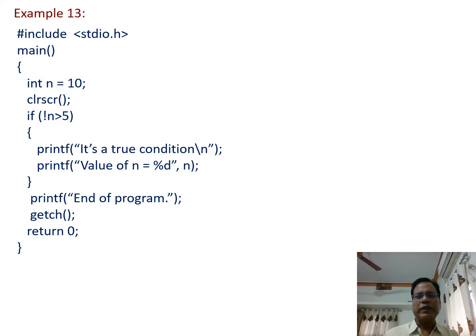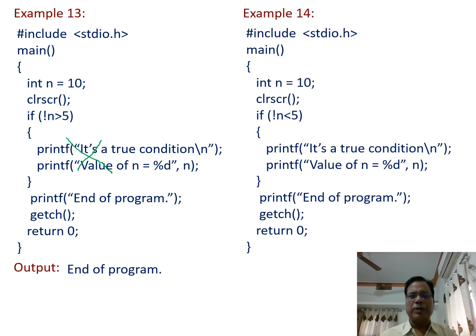So n greater than 5, that is 10 greater than 5, is true, but its negation, not true, becomes false. So in this case this condition becomes false. So these two statements are not executed, and outside of this block there is a printf statement that prints the end of the program on the output. So we get the output end of the program only.